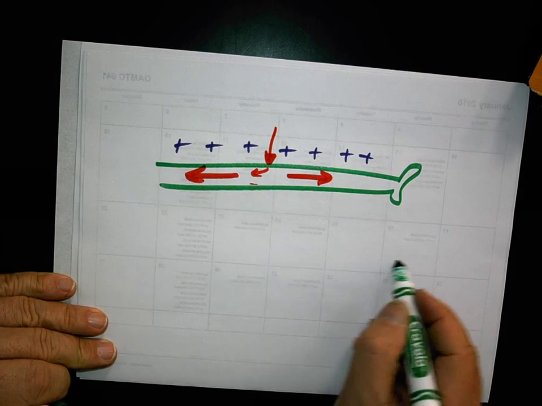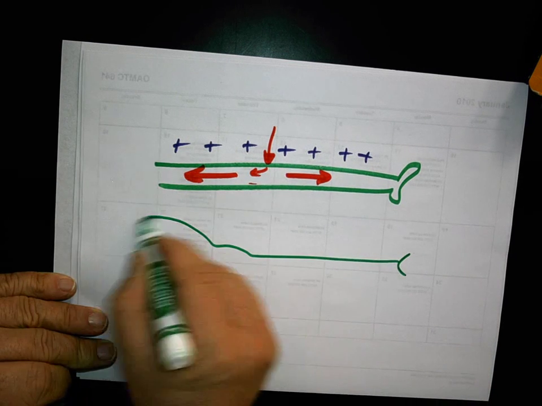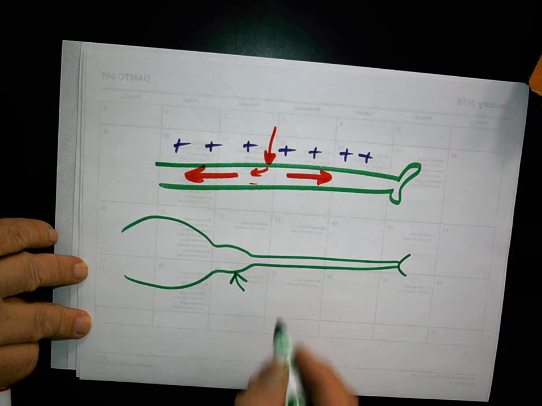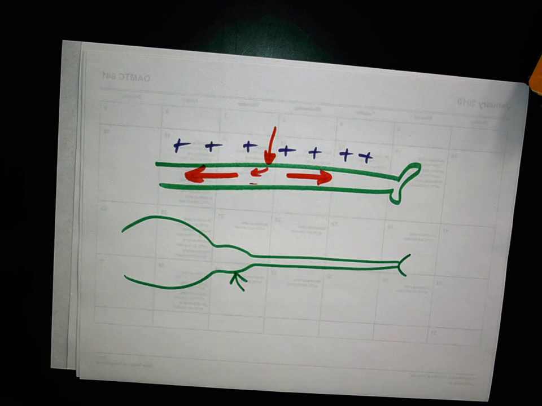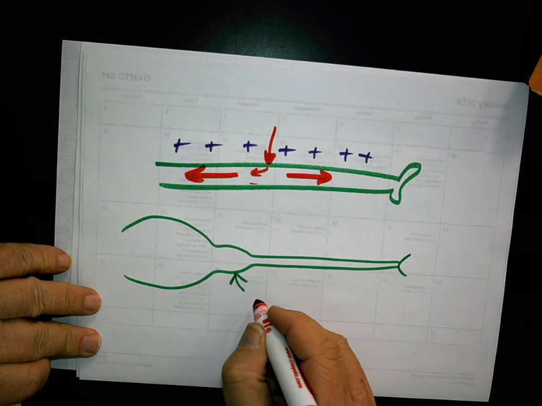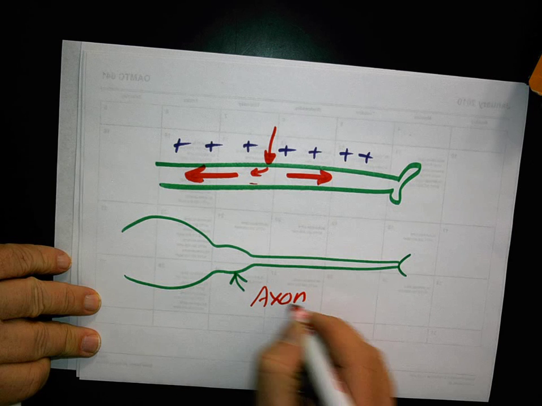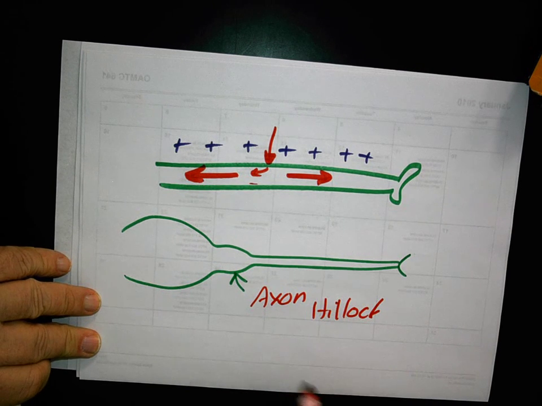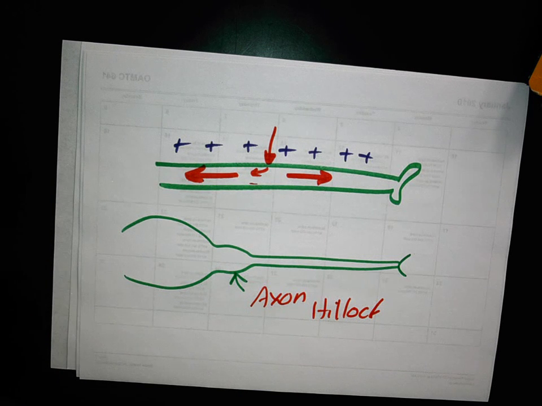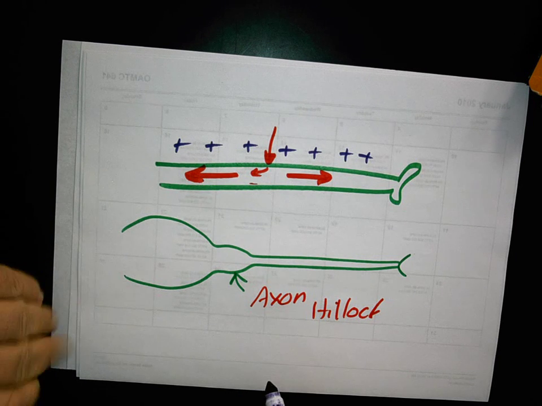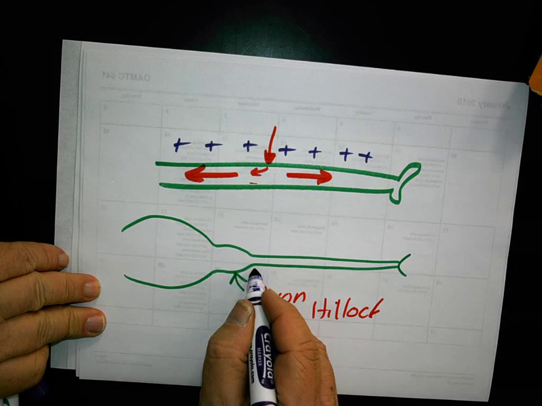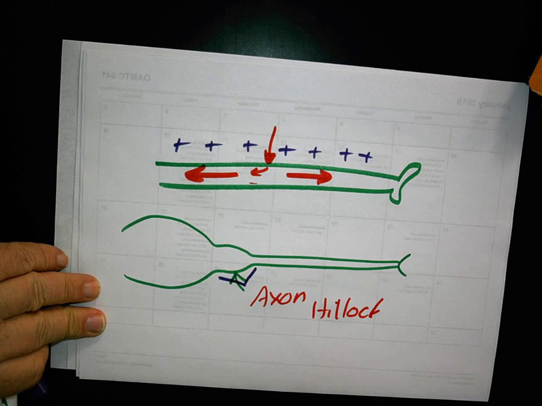The reason it does not, what's the swollen portion of the axon next to the cell body called? Axon hillock. What is this axon hillock oftentimes called? Anatomically, this region here is called the axon hillock.